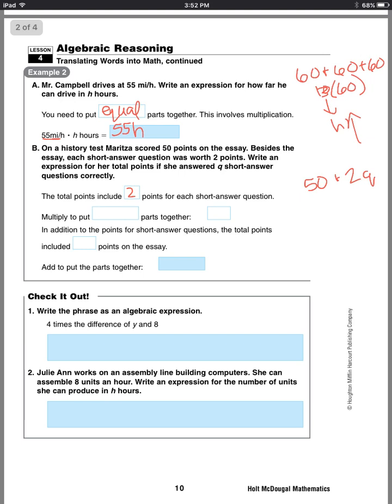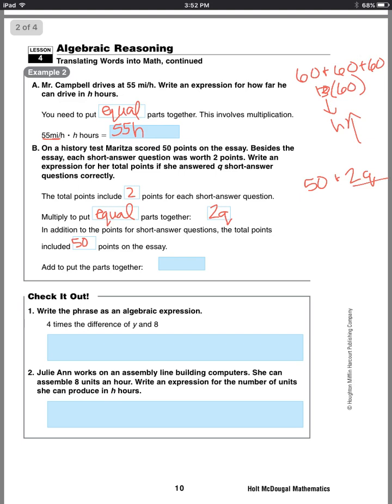We're going to multiply to put the equal parts together, which means it's the 2 and the Q. We're multiplying 2 by Q, and that's going to give us how many points she scored on the short answer. In addition to the points for the short answer questions, the total points included 50 points on the essay.